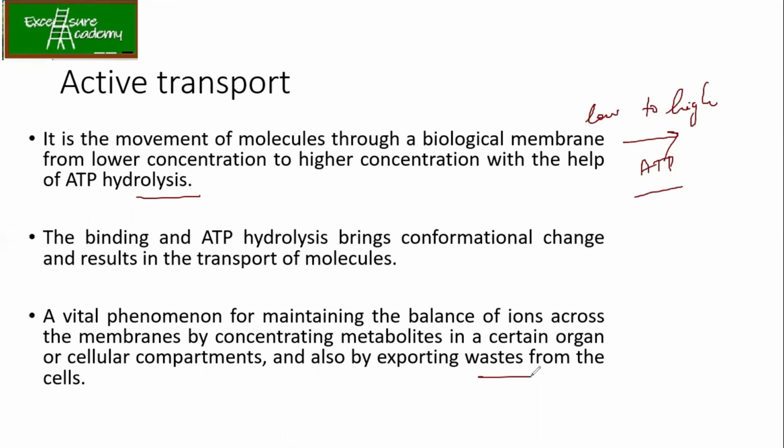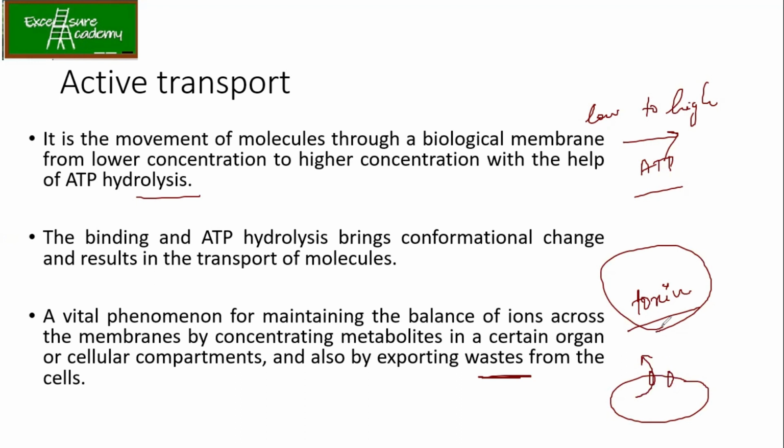For example, exporting waste: any cell which has got waste, or suppose a toxin has entered. Certain cells have a mechanism to prevent its action, that is, the killing of the cell by the toxin can be prevented if the organism has pumps which can take these toxins out. Now what is happening, the toxin is low inside your cell and high outside, correct?